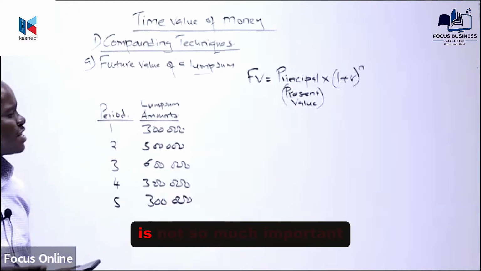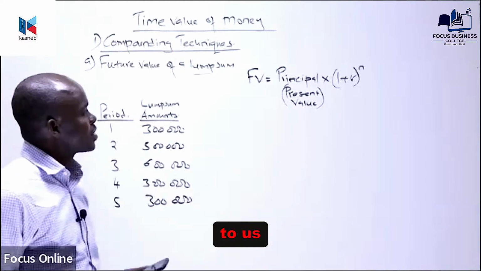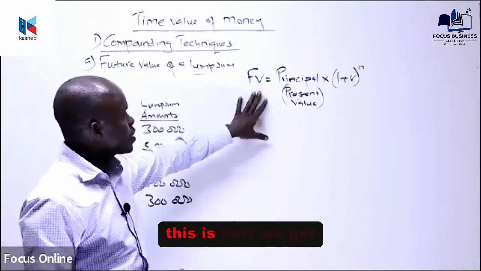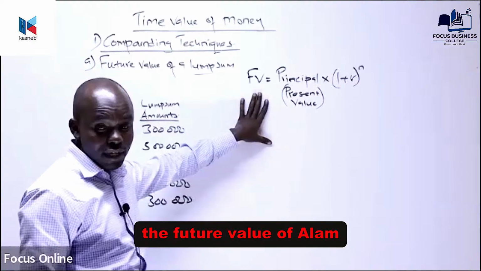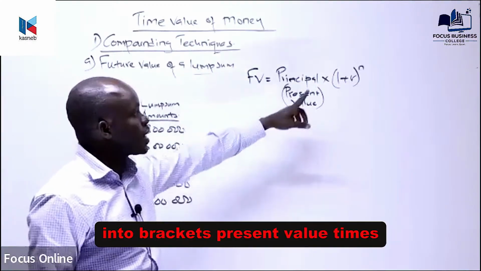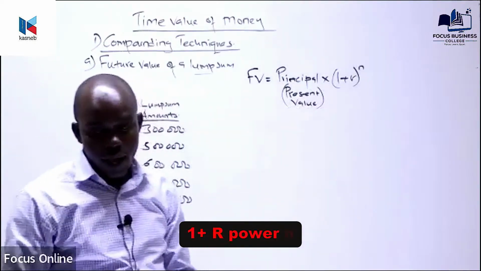How it is derived is not so much important to us. The most important thing is this: this is how we get the future value of a lump sum. Future value of a lump sum is equal to principal, into brackets, present value times 1 plus R power n.